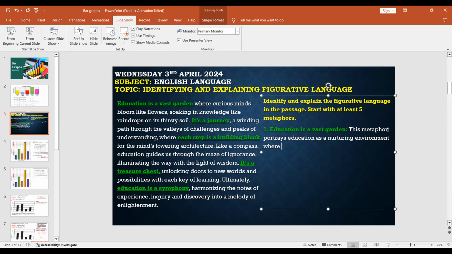where what? Where minds grow, develop, just like plants, right?